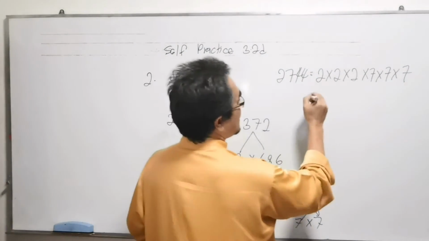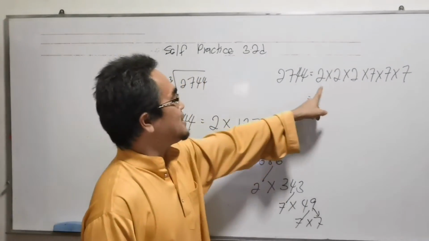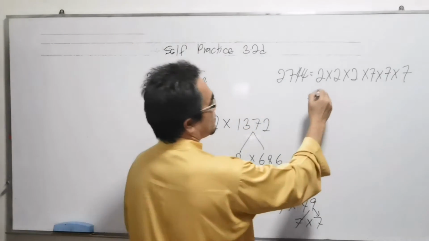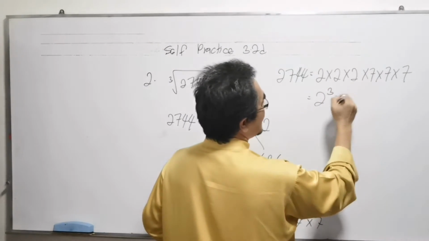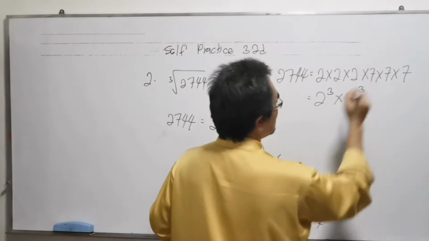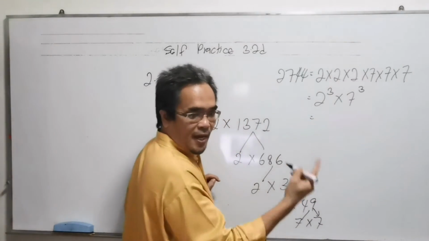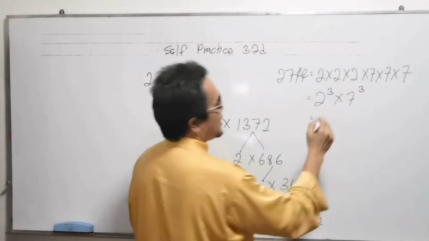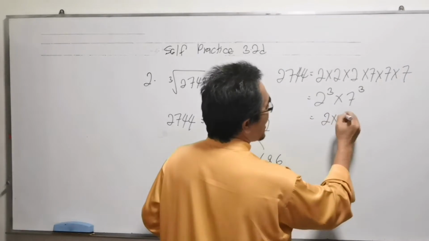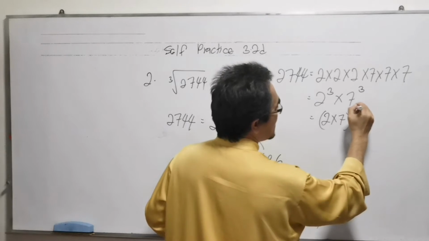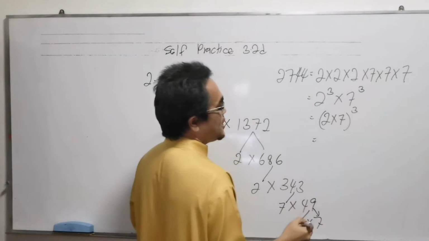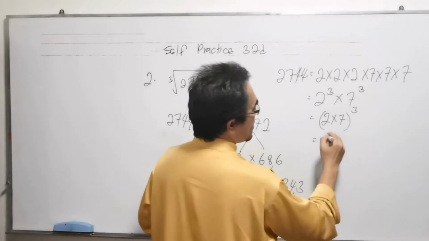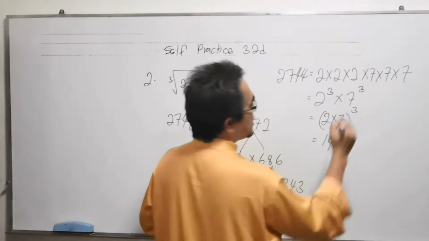In other words, you could write this as 2 cube times 7 cube. Write it down like you did for number 1, that is 2 times 7 cube, which is equal to 14 cube.